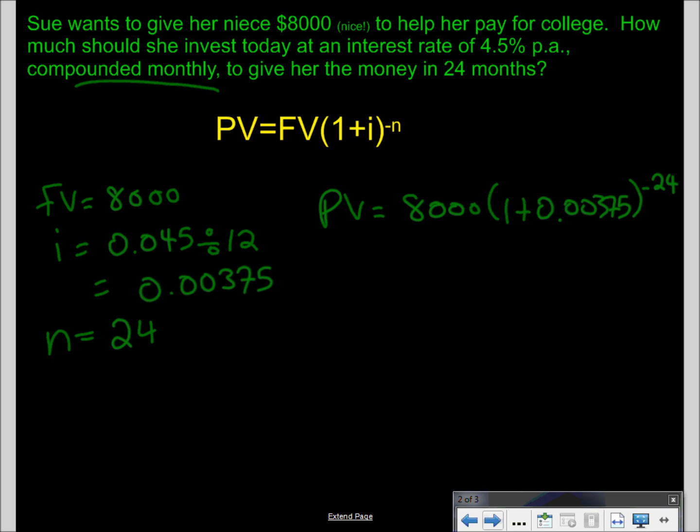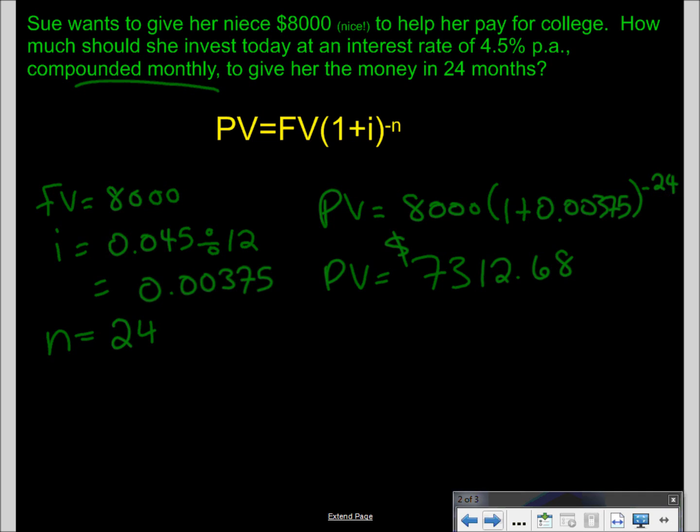You just need to be able to differentiate between the two. And don't forget your negative exponent. So I have, hopefully this is right. Let me check one time if it looks small. Yeah, so I have her present value, because it's only 24 months, $7,312.68 is how much she needs to invest.